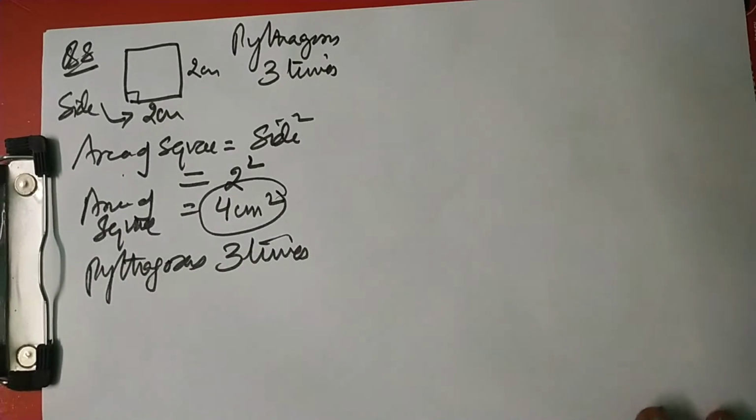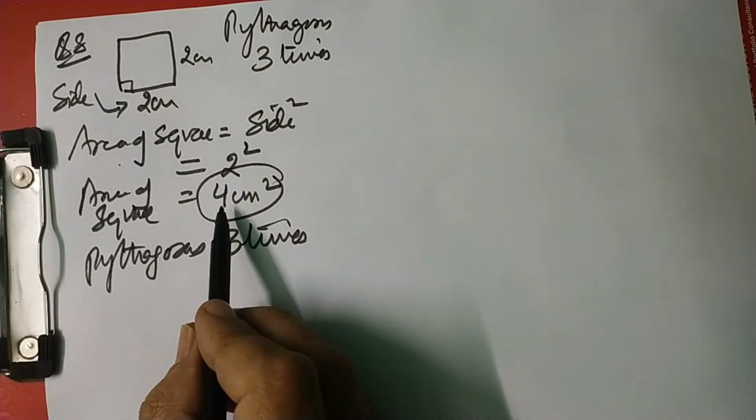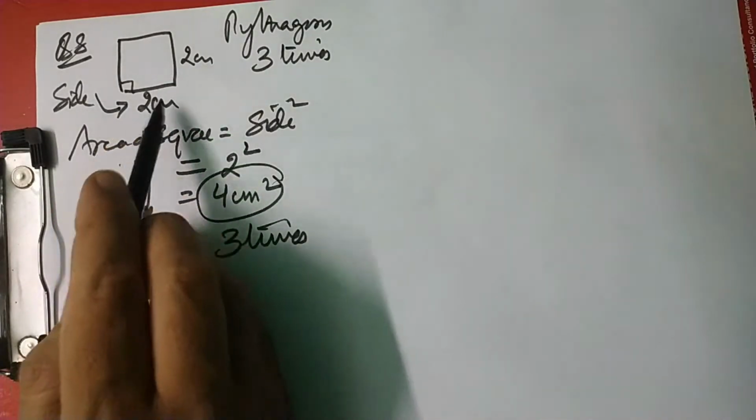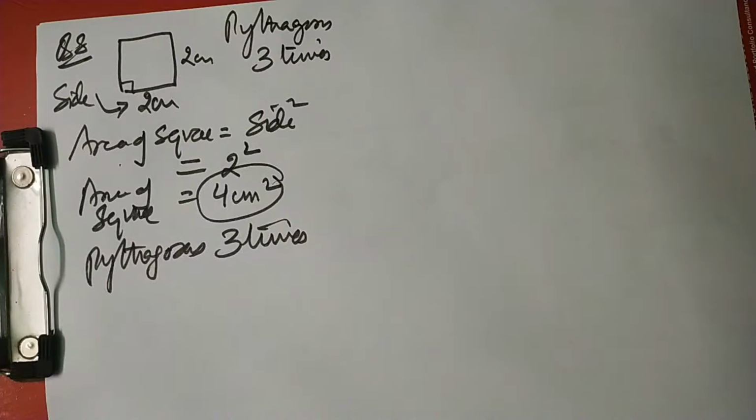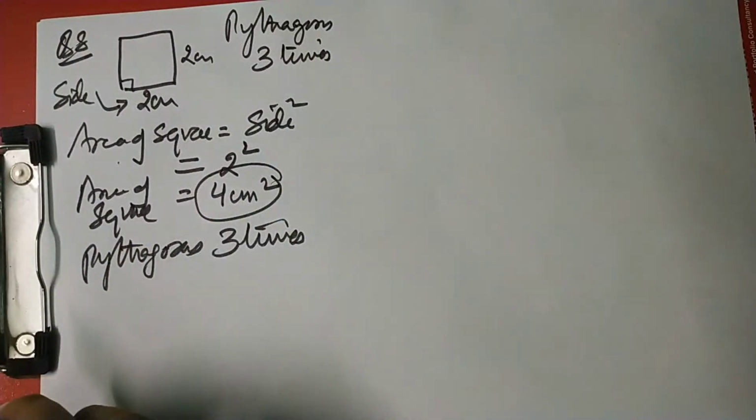Area is 4, and 3 times means I have to do 3 times this. If I apply Pythagoras theorem 3 times, now I have used the area 1 time. Area is 2 square, which is 4.